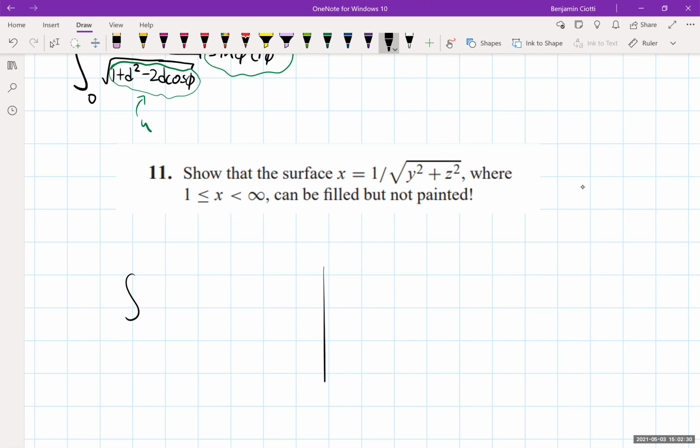Yeah, here. Oh, because this is really the same as revolving x equals 1 over z around the x-axis.